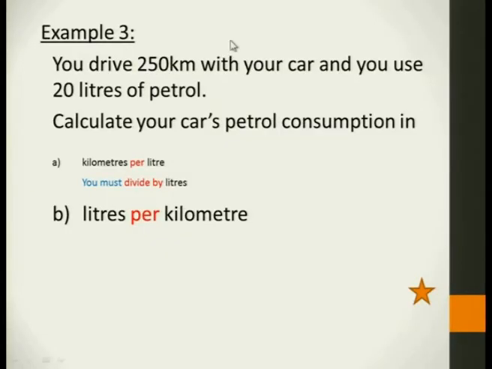Now if we look at B, same story, you're driving 250 kilometers with your car and you use 20 liters of petrol. Calculate your car's petrol consumption, so how many liters it uses per kilometer. So now you're not going to divide by liters, you're going to divide by kilometers.